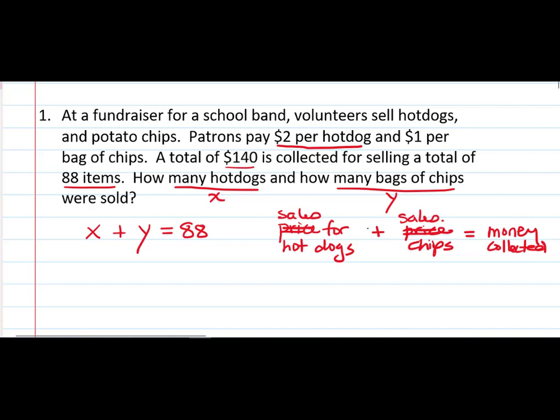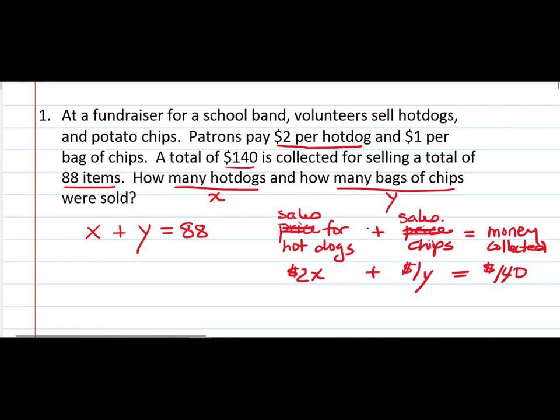Well, for example, if we sold 10 hot dogs at $2 per hot dog, we would multiply 2 times 10 and get $20. So since we're selling X hot dogs, it's going to be $2 times whatever quantity X was sold. Similarly, for the chips, the total sales is going to be $1 times Y. And that equals the total amount of money collected, which is $140.